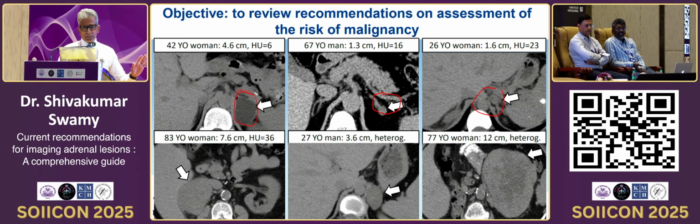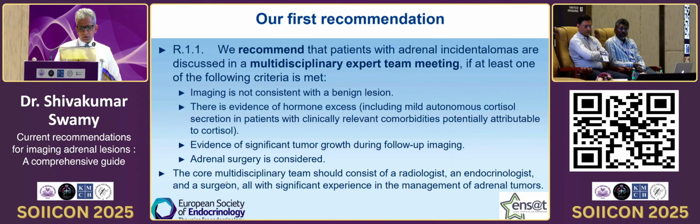It has to be further assessed. The whole idea of doing the imaging is: can we confidently say this is definitely benign, don't worry about it? And what is the growth rate? Do we stop, or do further assessment, or a biopsy, or look for any other organ? This is the whole purpose of the imaging.